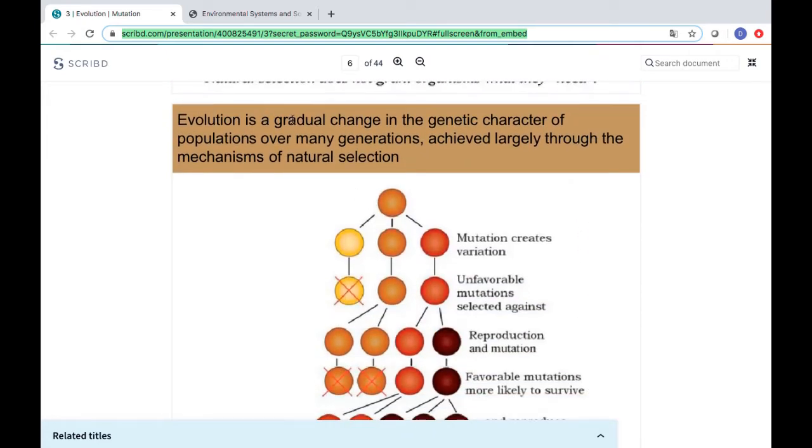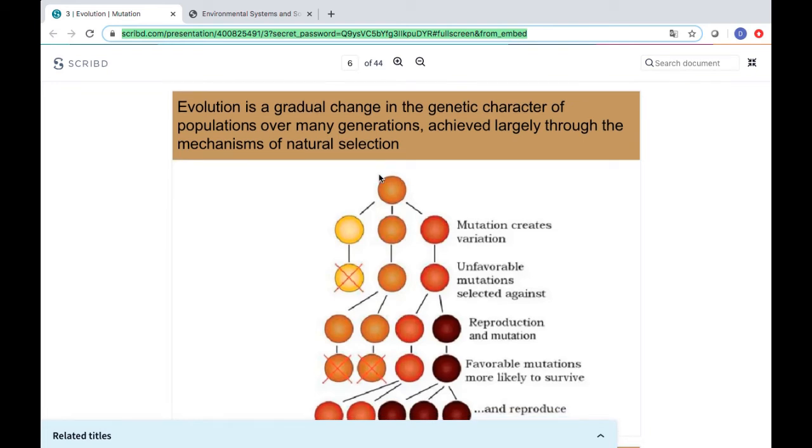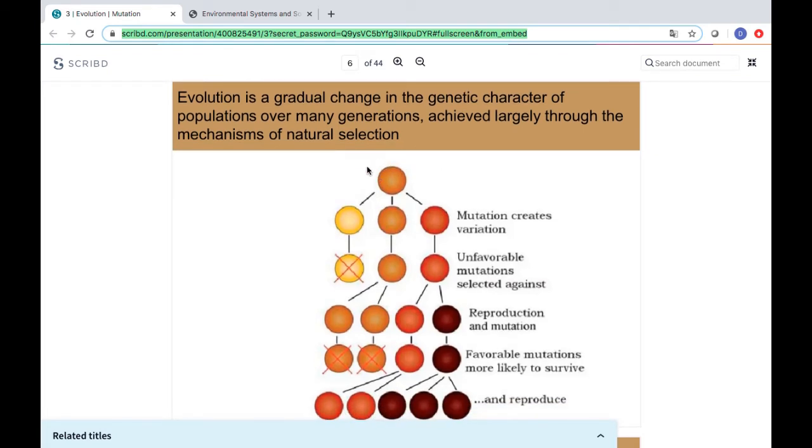So evolution is a gradual change in the genetic character of populations over many generations through the process of natural selection. But how? So first, when we talk about a change in the genetic character, we're talking about a mutation. A mutation is that, a change in the DNA or maybe RNA. So something has changed.